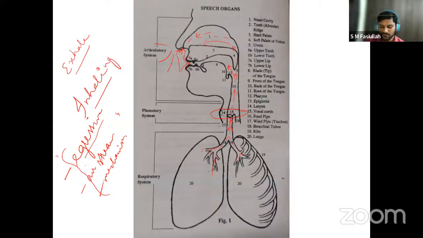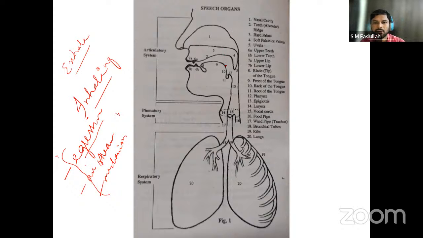Now, once we have understood how sound is being produced, we'll also look at different parts of our mouth, neck and lungs, the parts that are involved in production of sound.